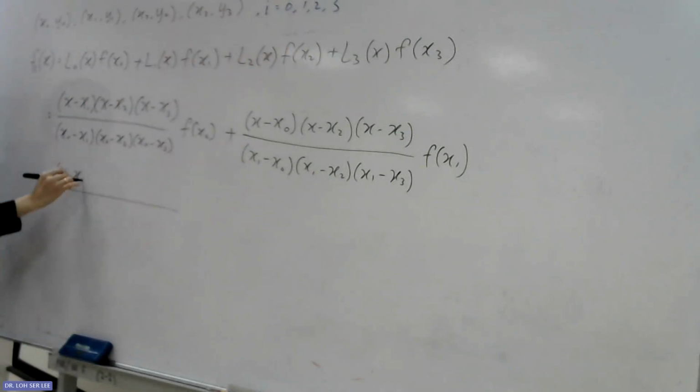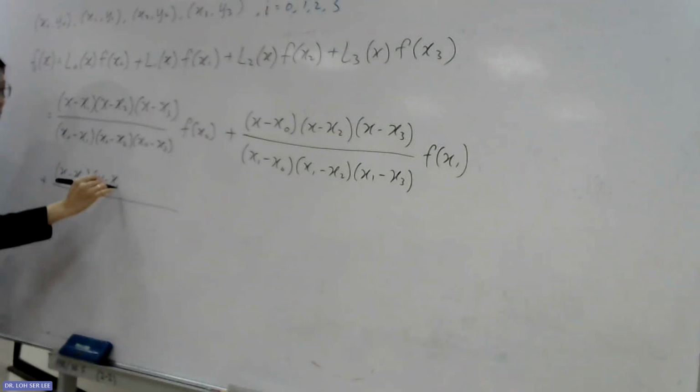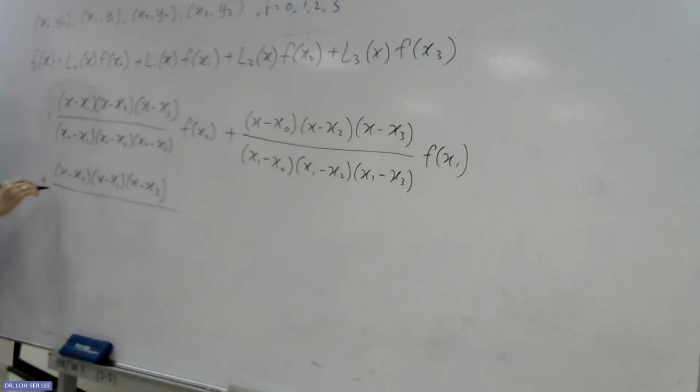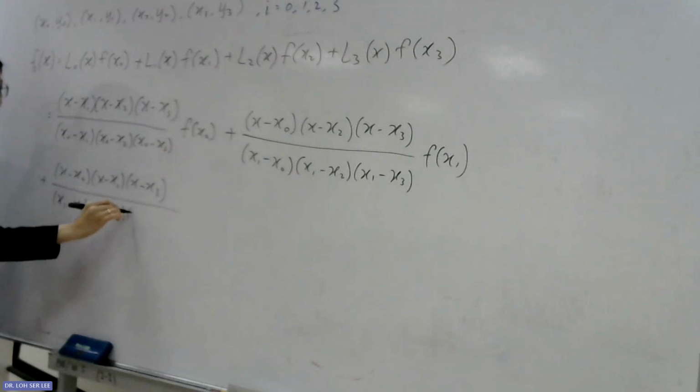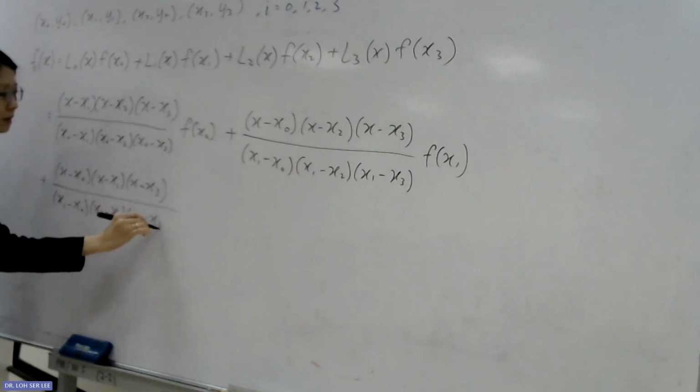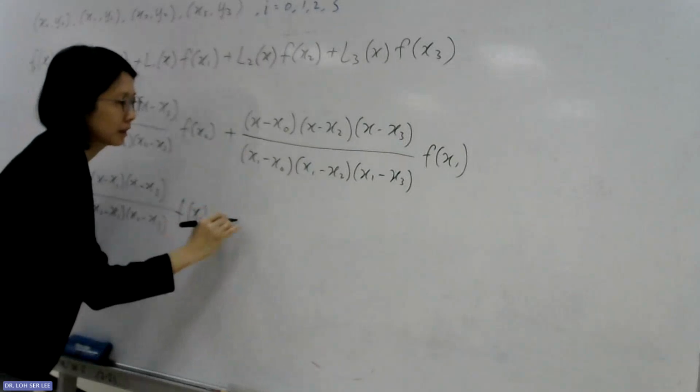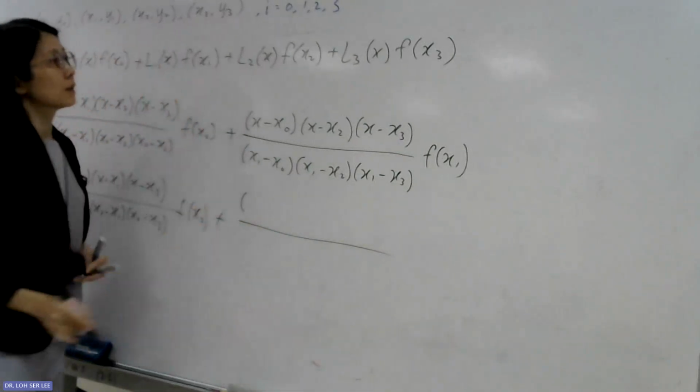So x minus x0, x minus x1, x minus x3, over x2 minus x0, x2 minus x1, x2 minus x3, times f(x2).